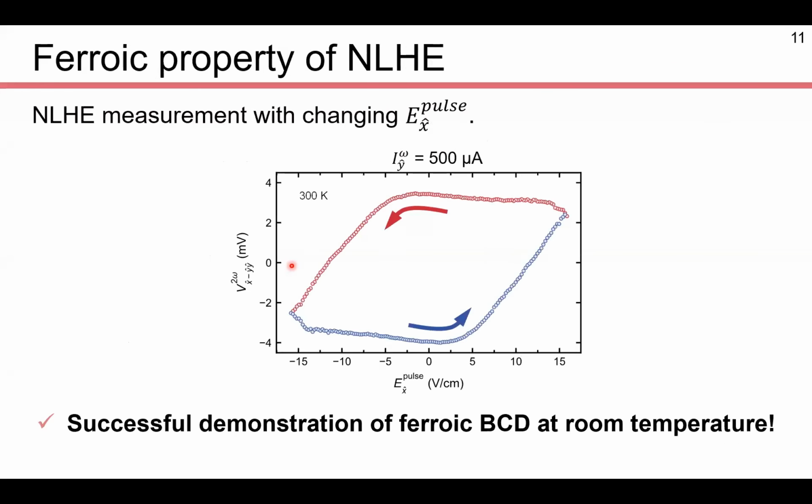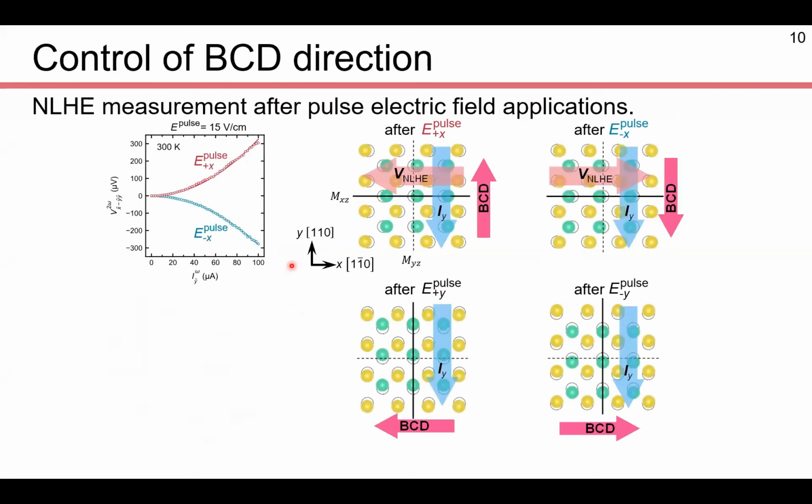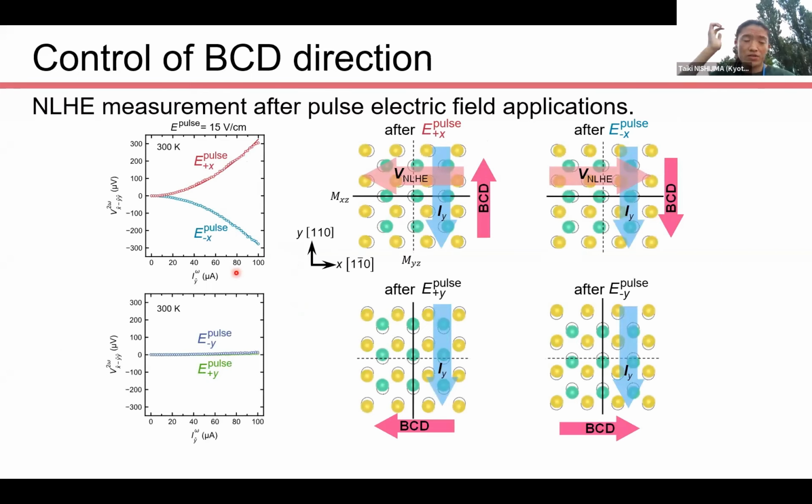And regarding the other phenomena, our observation, this nonlinear Hall effect switching, is directly related to the pulse electric field. So if other phenomena which contribute to this kind of nonlinear Hall effect could be there and are related to the ferroelectric distortion, yes, we should consider.